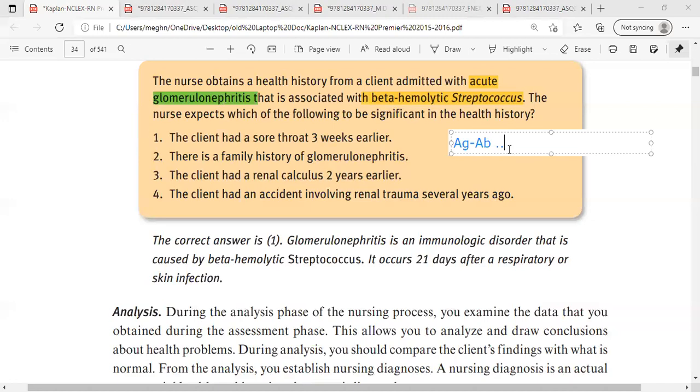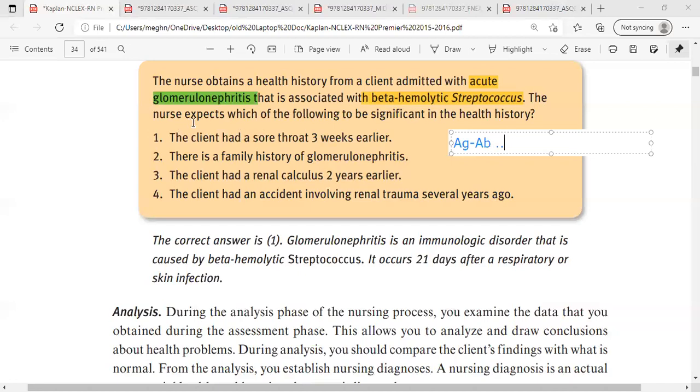The glomerulus inside the kidney works like a filter with many pores, but this antigen antibody complex blocks the filter or hole, and the waste products are not allowed to pass through the glomerulus, and creatinine level goes up.